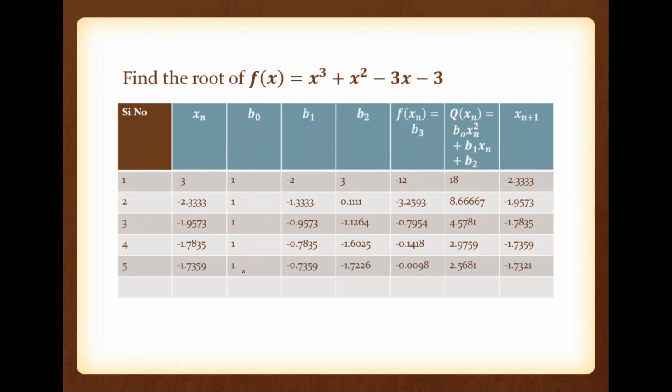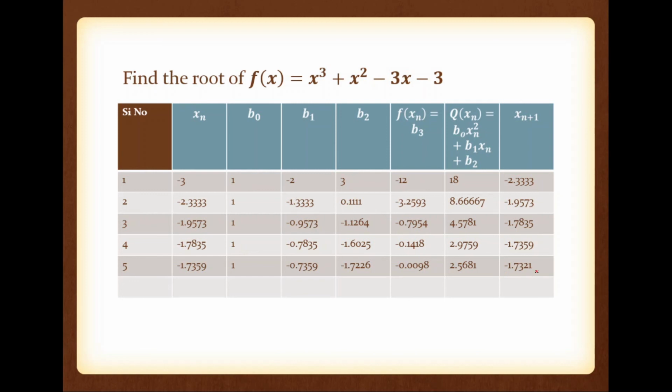These three are the coefficients of the quotient. From that we can find Q of X0 by substituting this value. So we have Q of X0 equal to 2.5681. So that is f dash of X0. Finally we have xn plus 1, that is minus 1.7321.